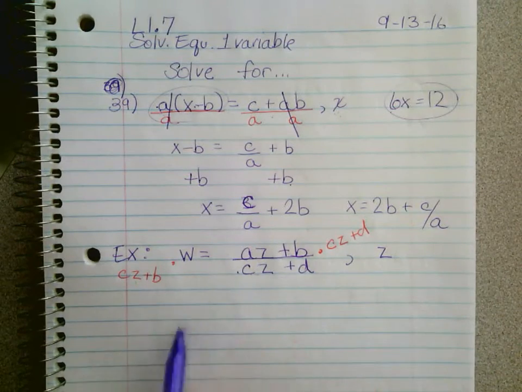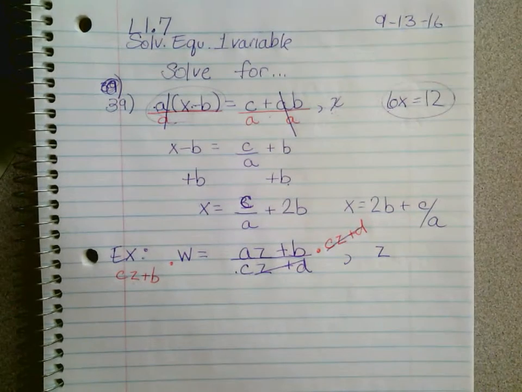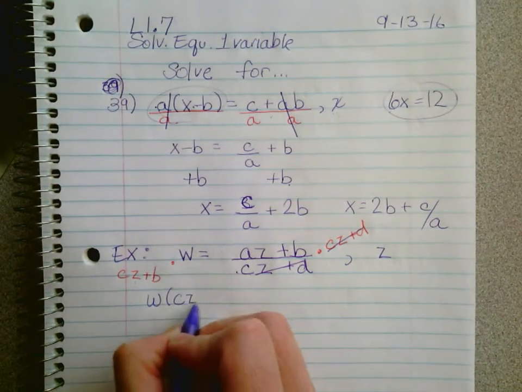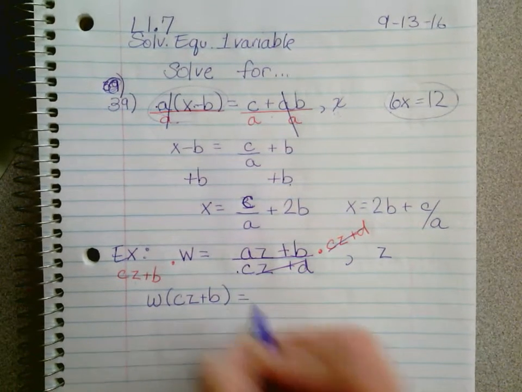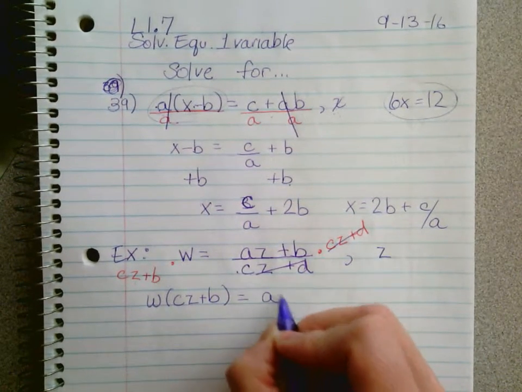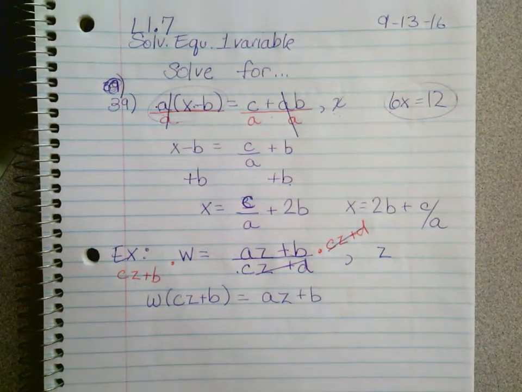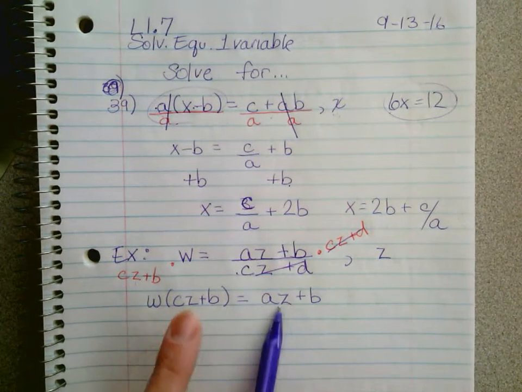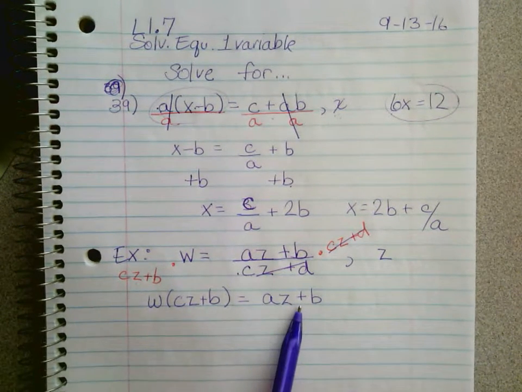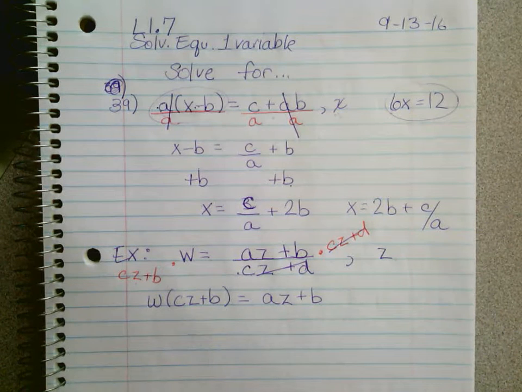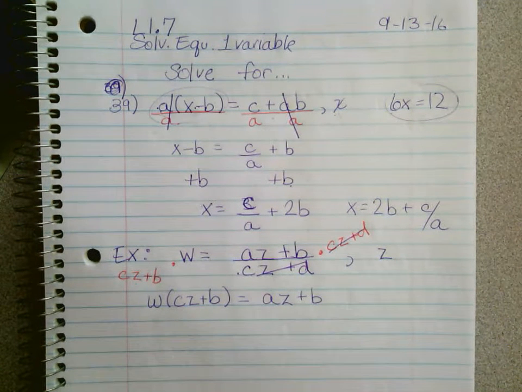By doing that, it is now canceled out on the right, but it leaves me with W times CZ plus D being equivalent to AZ plus B. Remember, we want Z, and so far we've got Z's mishmashed here, and we've got Z's mishmashed over there. I'm going to distribute, because dividing by W doesn't do me a whole lot of good right now.